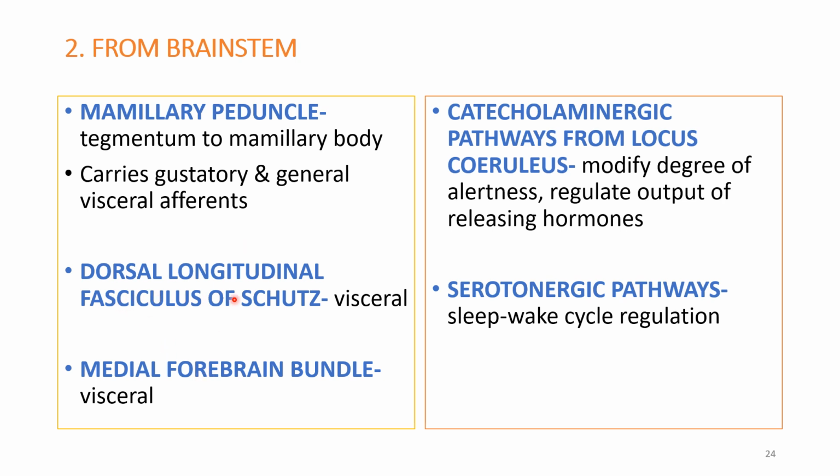Next one is the dorsal longitudinal fasciculus of Schütz. It carries visceral afferents. Then the medial forebrain bundle also carries visceral afferents.